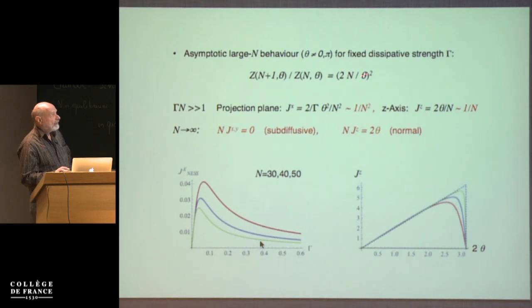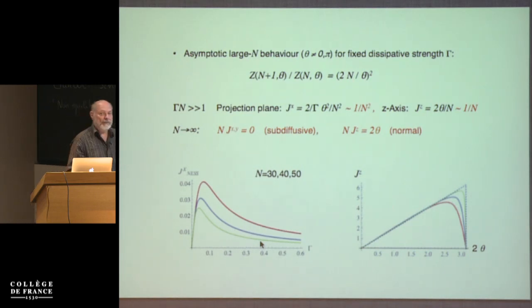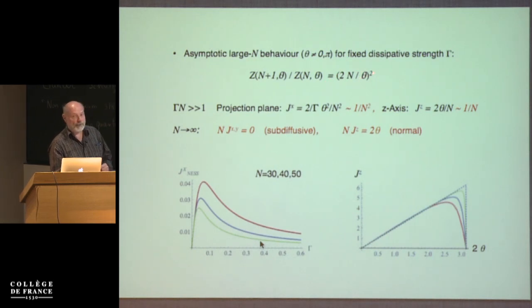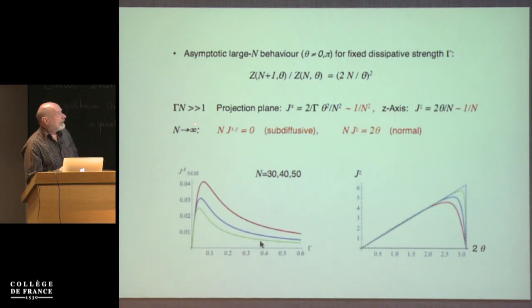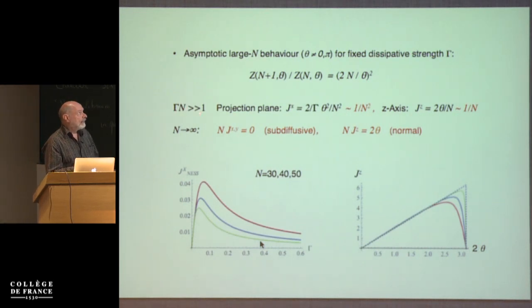Now, this is something I should say we did not really get analytically. We got it from computing these factors up to large n, about 100, and then we saw that it behaves like this. We can prove it only for small theta, but we believe it's generally true, at least as long as gamma times n is larger than 1. So if, let's say, gamma is a constant, we take n large, then we'll be satisfied.